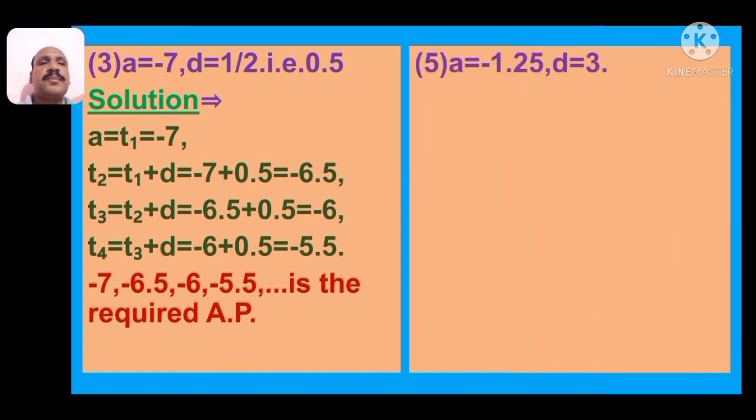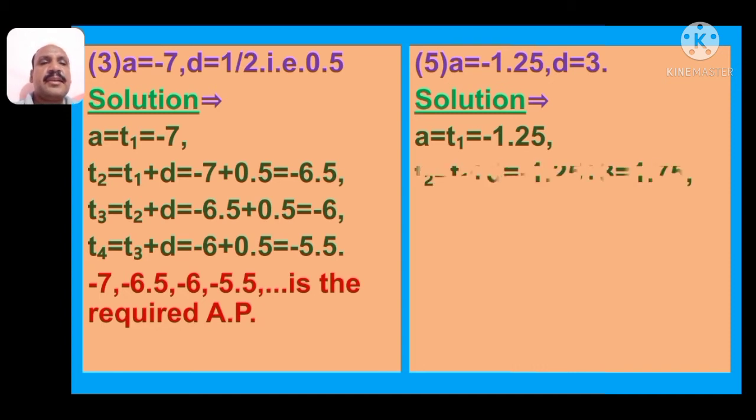Now fifth, the first term A is equal to minus 1.25 and common difference is equal to 3. Solution, here A, which is equal to first term, that is T1 is equal to minus 1.25. T2 is equal to T1 plus D is equal to minus 1.25 plus 3 is equal to 1.75.